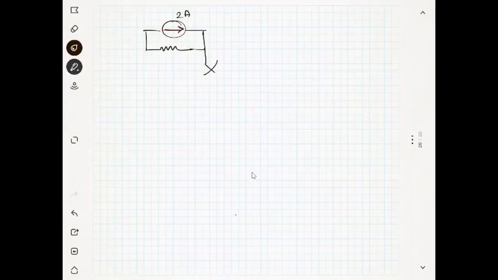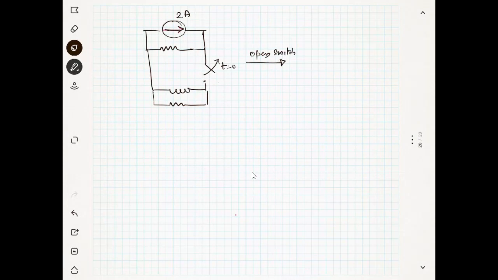This is t equal to 0, so this is your inductor and this is your resistance. When you open the switch, what will happen at t equal to 0 after opening the switch? The polarity we will talk about later. We will prove it mathematically.